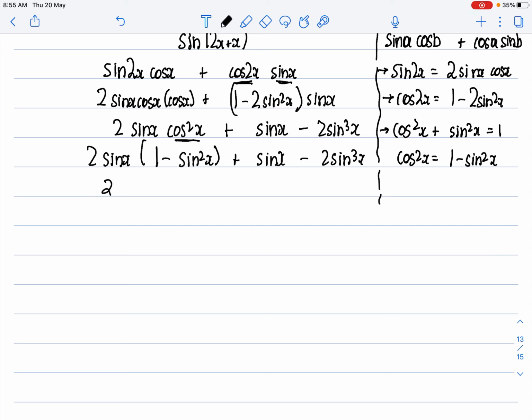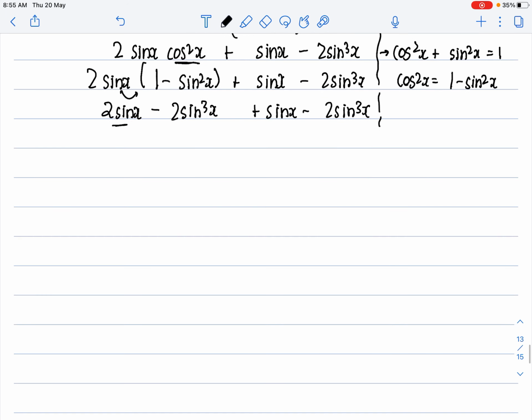So now I can write this as 2 sine x, okay, basically taking this inside the bracket, minus 2 sine cube x plus sine x minus 2 sine cube x.